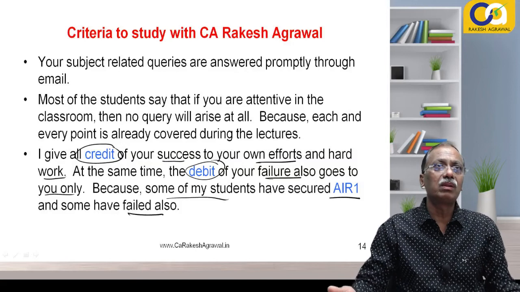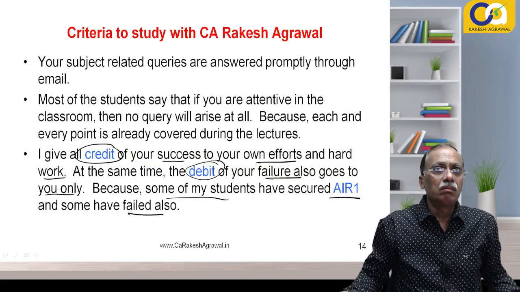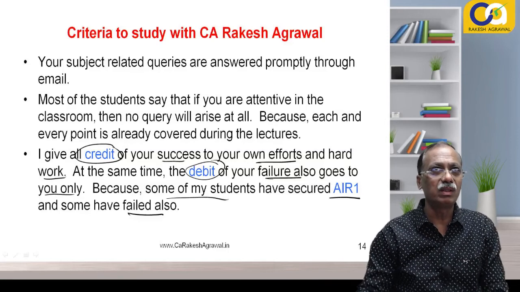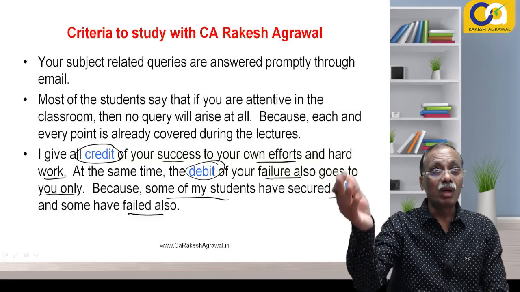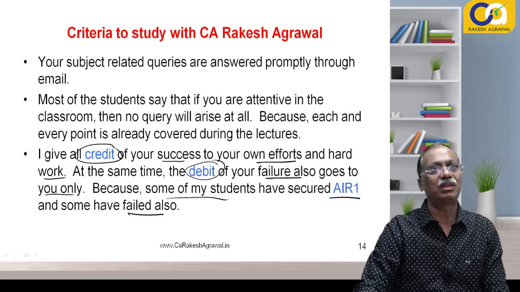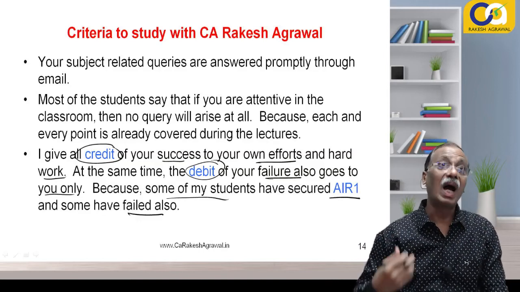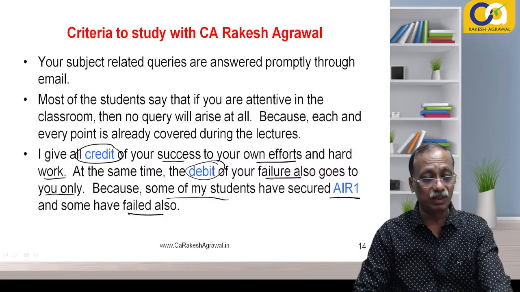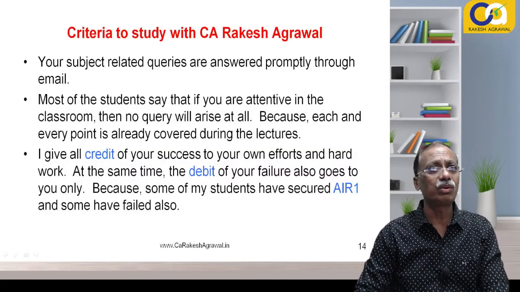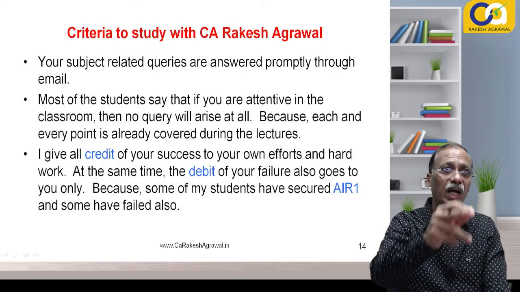All are my students, teacher is same. So when same teacher is teaching all students and performance of every student is different, what makes the difference? What makes the difference is the regularity, sincerity and intelligence of that student, and not the faculty. I will try my level best to deliver the subject, but after all, your sincerity, regularity, your intelligence is also equally important, and that is the reason I give all credit to you.